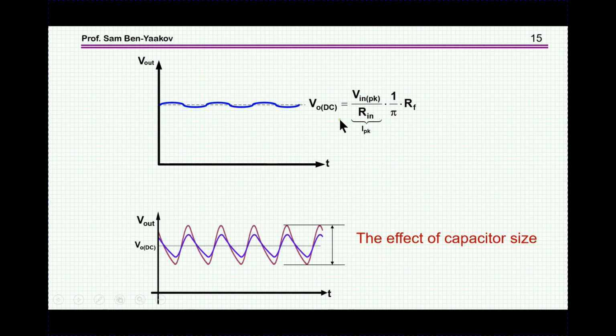And therefore, the DC voltage at the output will be V in over Rin times RF, this is the gain, divided by pi, because we have a half-wave rectification. Now, if we have a larger capacitor, the ripple will be smaller on this DC. If we have a smaller capacitor, the ripple will be larger. But the DC value depends only on RF and not on the capacitor.